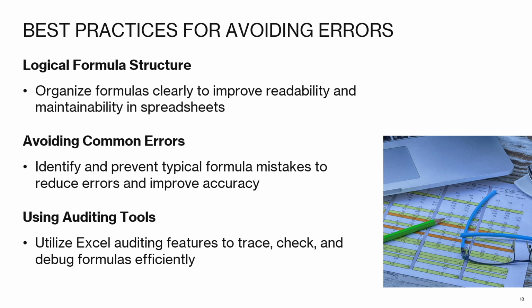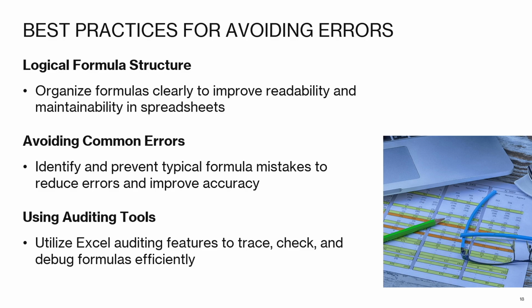So always start with the equal sign if you're trying to do a formula or a function. Make sure that the cell reference is accurate and the cell contains the kind of data that you're expecting. If it needs a number, then it's a number. There are text functions as well. And so if you're doing a text function, make sure that the function has text or the cell has text for that function.